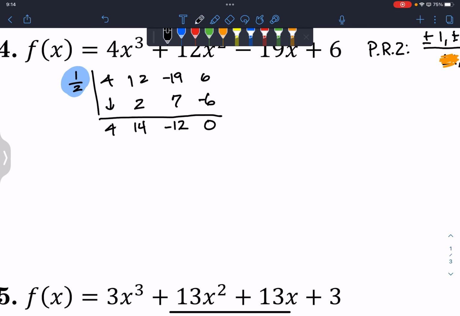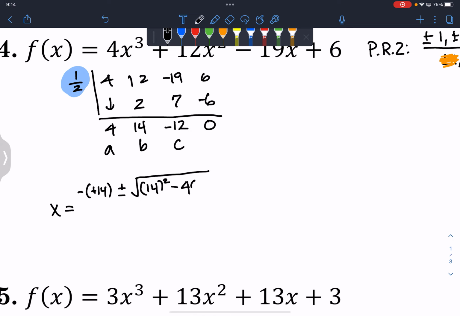And now using our quadratic formula with a, b, and c here, we're going to get that x equal to negative of positive 14 plus or minus the square root of 14 squared minus 4 times the value of a times the value of c. Divide that by 2 times the value of a, and we end up with that.